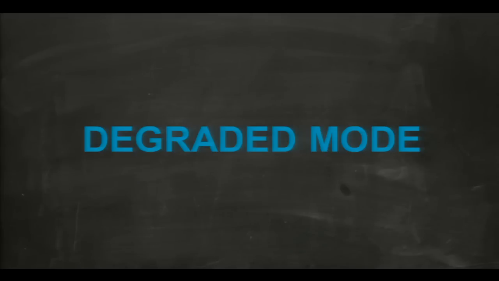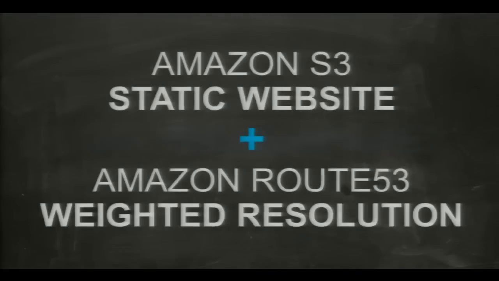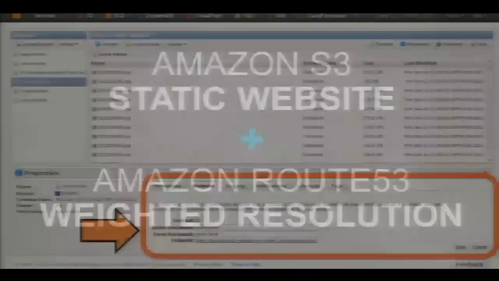So a really easy way to implement the degraded mode is to use Amazon S3's ability to host static websites, and then using Amazon Route 53 to basically shift traffic back and forth between the static website in S3 and your production system that we have just built. So let's go back to the drawing board here.